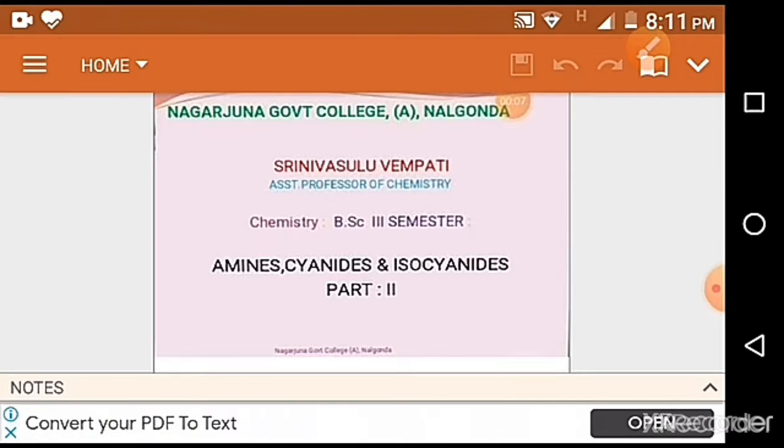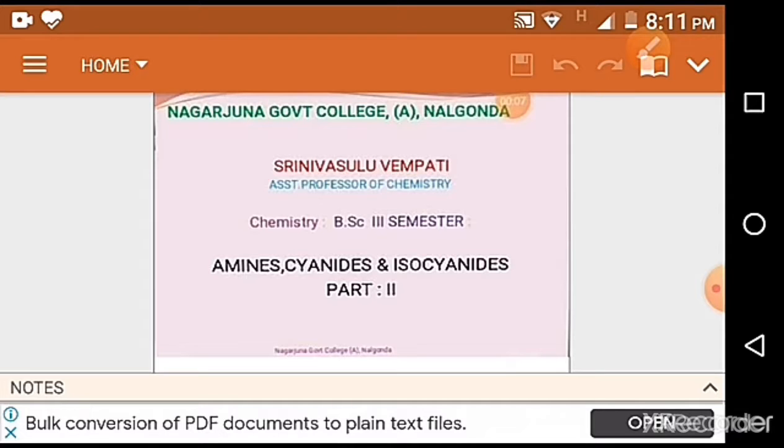Then preparation of amines from 5 methods: from ammonolysis of alkyl halides, reduction of amides, Hoffman method, Gabriel phthalimide method, and Sandmeyer reaction.